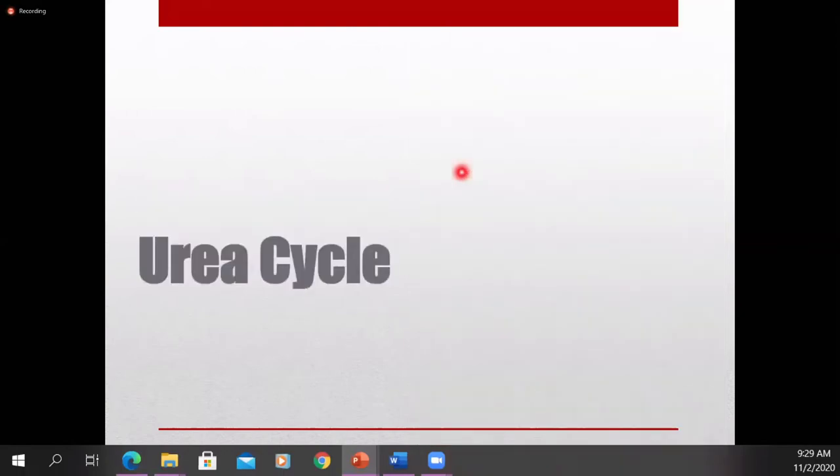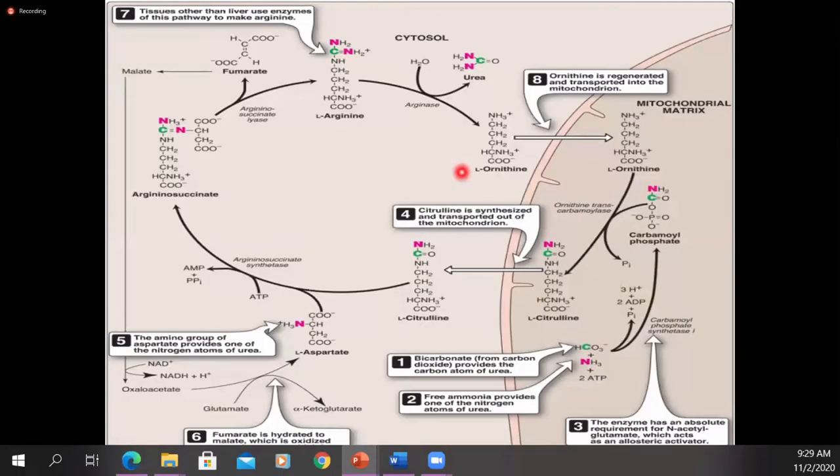Talking about the urea cycle again, here the slide is flipped. Carbon dioxide will be conjugated with the ammonia molecule and consumes 2 ATP molecules by carbamoyl phosphate synthetase 1, forming carbamoyl phosphate. With ornithine, it will form citrulline, transported to the cytoplasm, conjugated with aspartate, and formation of argininosuccinate.